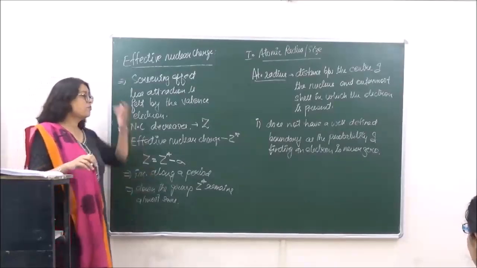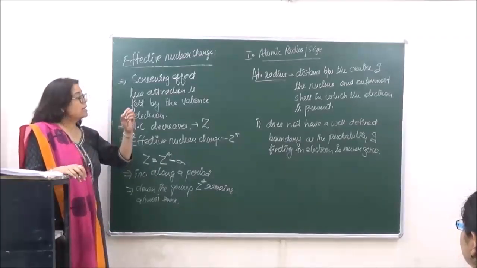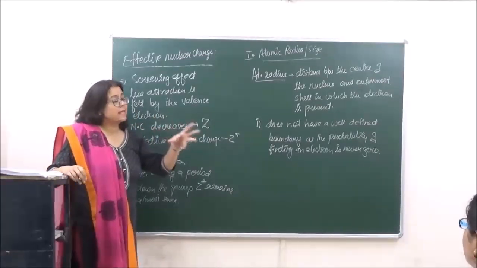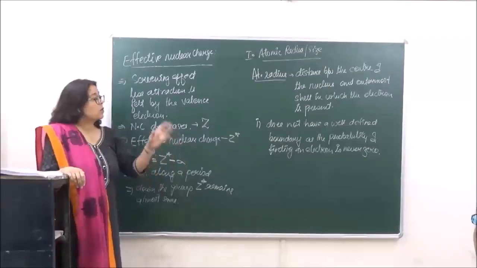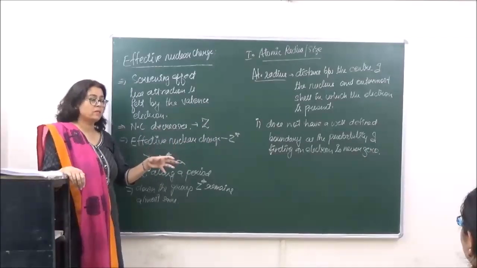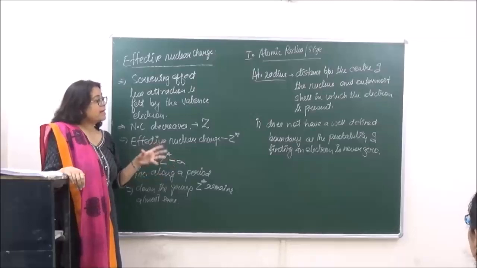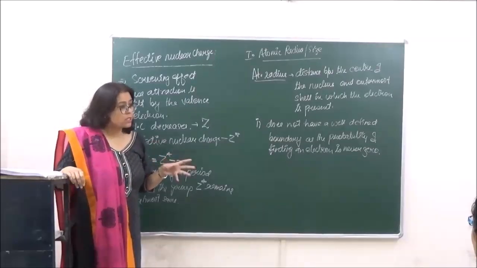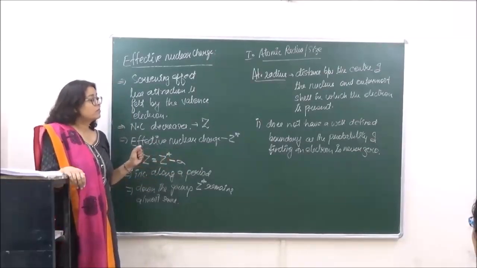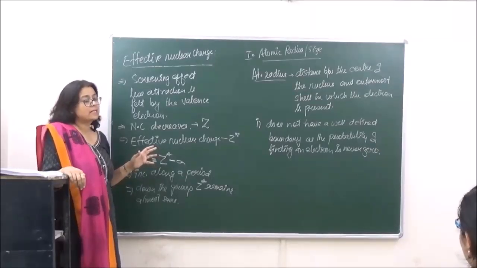So if the probability of finding an electron is not zero, the atomic size extends itself up to that region where the electron is present. So the electron cloud is diffused, as a result of which it becomes very difficult for us to measure the exact size of an atom.